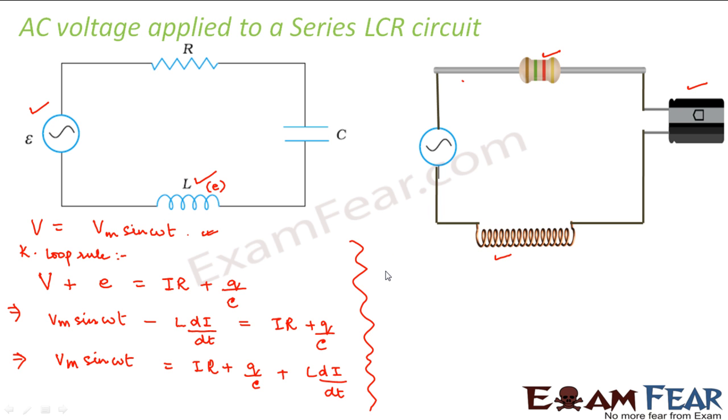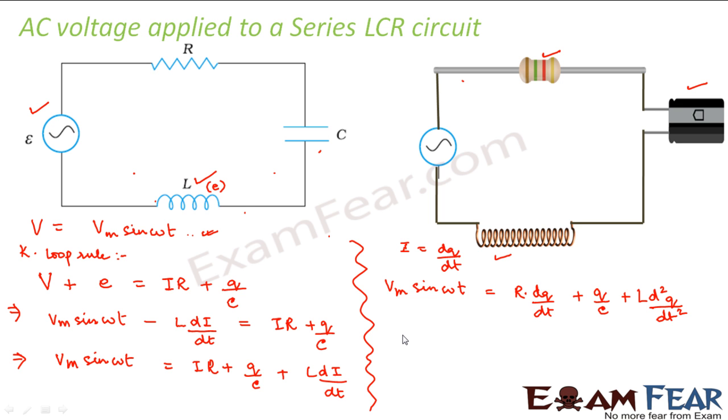So how do we solve this equation? We know that I is equal to dq by dt. So I replace I with dq by dt everywhere. I get Vm sine omega t is equal to R into dq by dt plus Q by C plus L d square Q by dt square.